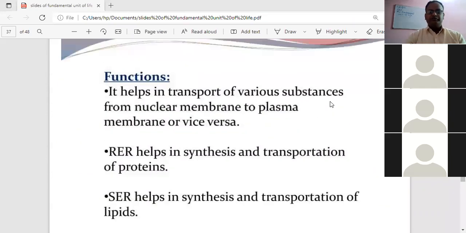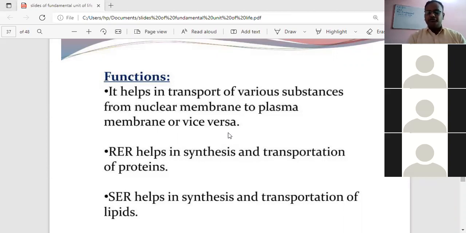If we discuss the functional aspect of the endoplasmic reticulum, it helps in the transport of various substances from the nuclear membrane to the plasma membrane or vice versa. Since it is in continuation with the nucleus, material from the nucleus to the plasma membrane, or from the plasma membrane to the nucleus, will be easily transported.